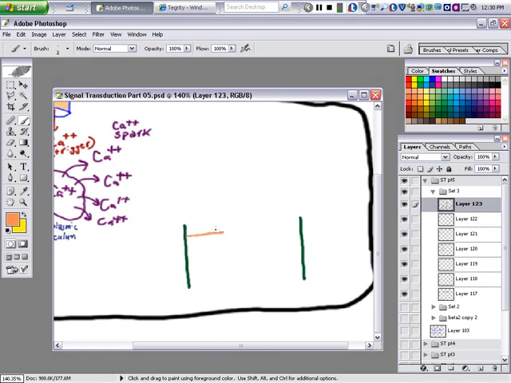Here's actin, actin. I'm going to label all of these soon. Actin. And then right in the middle of that sarcomere, you're going to have the thick filament. And on this thick filament, we're going to have myosin, the heads of myosin.